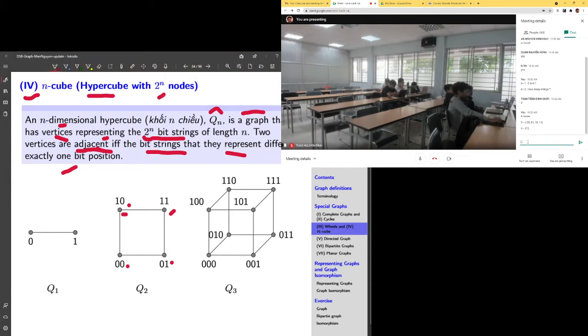So tell me, if we choose the first string and the last string, 0, 0 and 1, 1, then tell me how many bits are different between the two. 2.